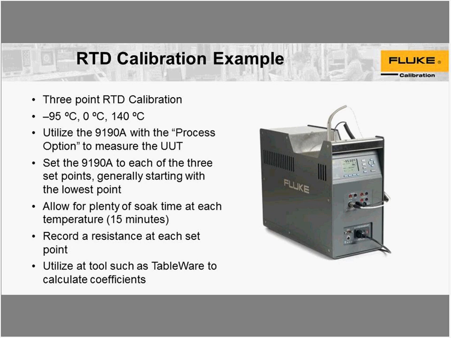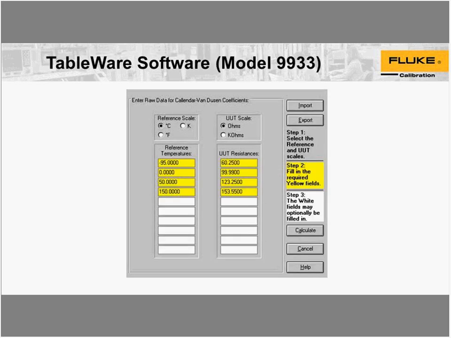We would then continue to the next point, allow for the same stabilization, note the actual temperature from the reference and the output resistance, and then move to our next point. Once we have this data, in my world, I've always used Tableware, which is one of our coefficient calculation softwares, but some folks will use polynomials or other means to come up with the coefficients needed for the calibration. Here's just a quick example.